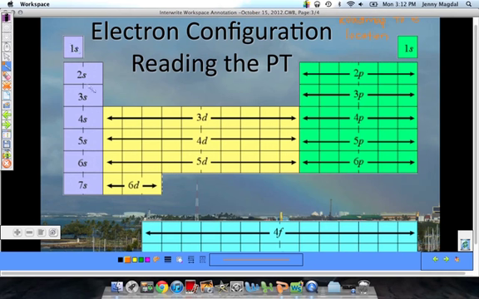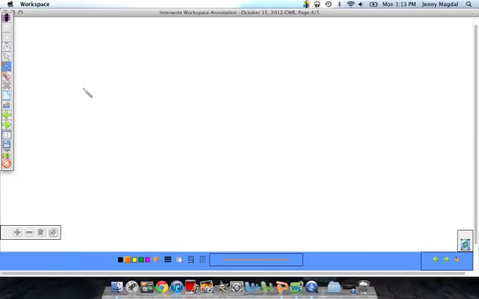I've got some big numbers, 1 through 7, 2 through 6, 3 through 6, 4 and 5, and I've got some letters, S, P's, D's, and F's. At this point, they're colored just for your ease of seeing the differences, but nothing more than that at this point. So now that we've seen some of those differences, let's talk about what these different things mean.